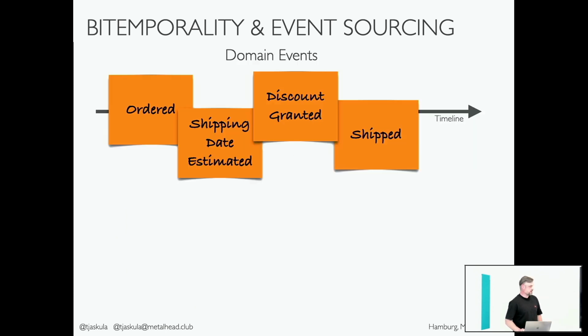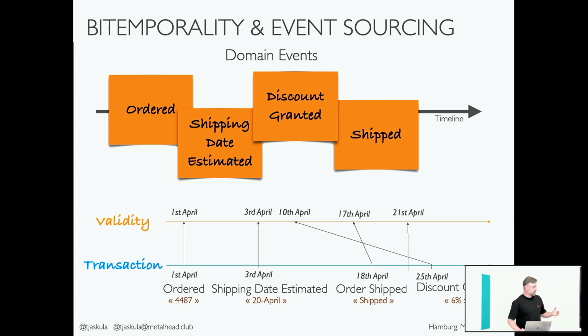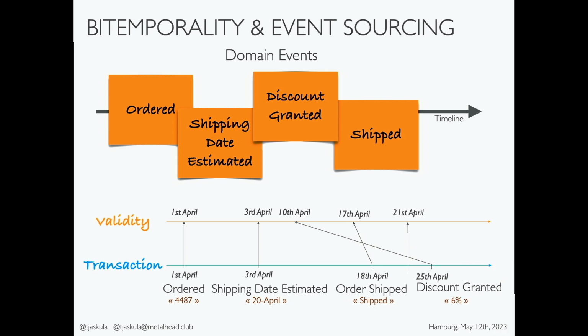So let's say we have different events for the same use case. We could say we have ordered, shipping date estimated, discount granted, and shipped. We can represent the same approach we used with temporal tables, but with event sourcing. This is exactly the same design using different temporal artifacts.